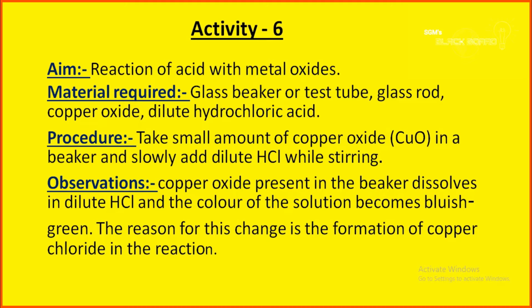We will observe that the copper oxide dissolves in the dilute hydrochloric acid and the color of the solution becomes bluish green. The reason for this change is the formation of copper chloride in the reaction.